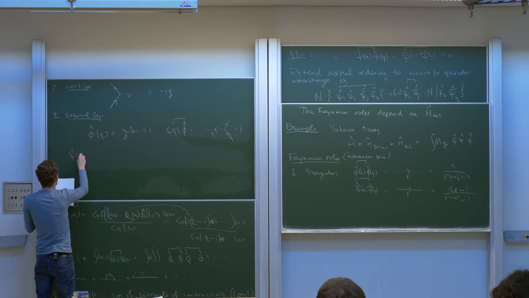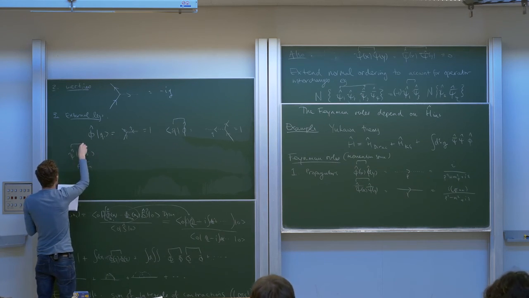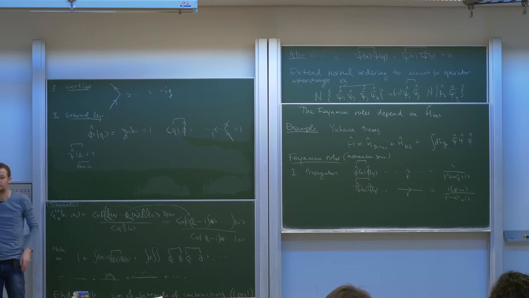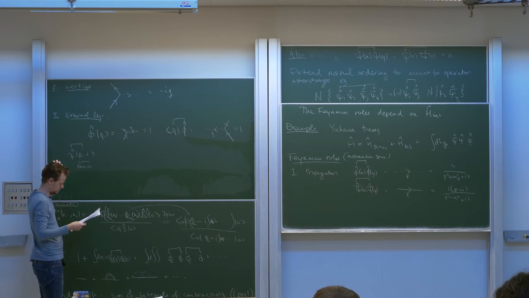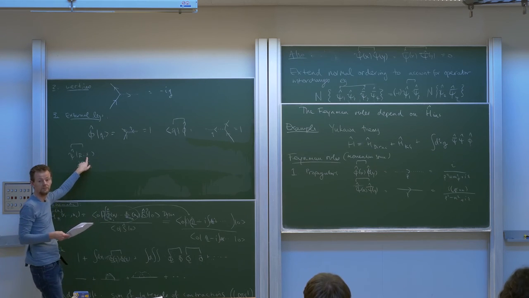Correspondingly, you can encounter situations where you have an external fermion with some momentum and some spin.